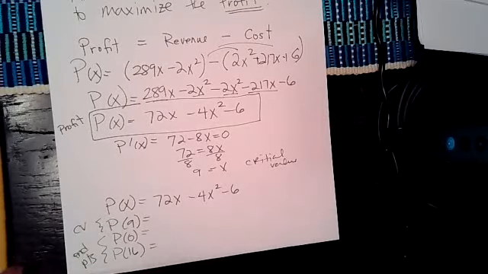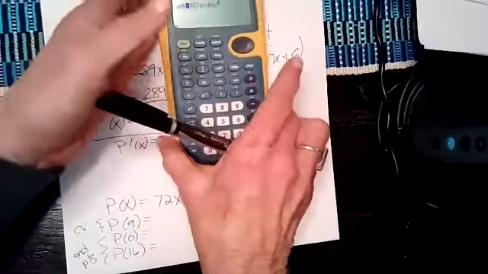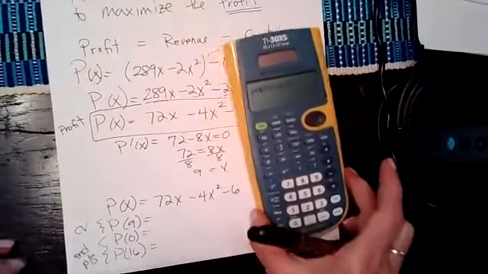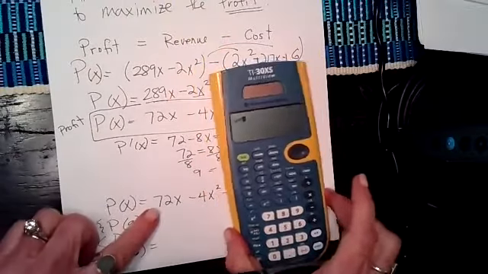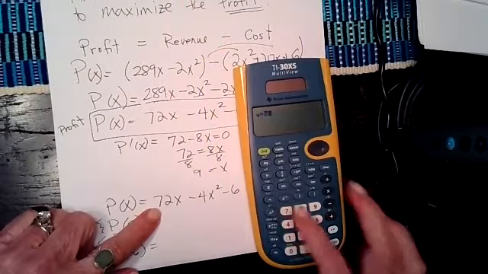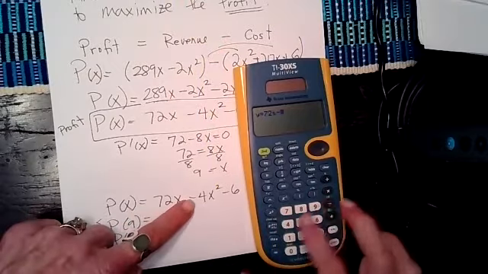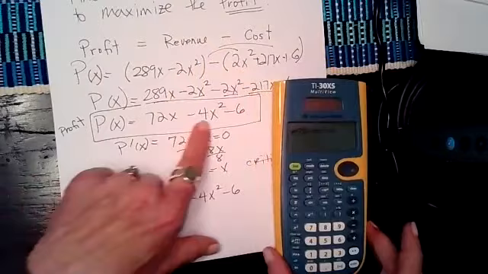All right, so again, I'm going to use my calculator and go to my table function and clear what's there. I'm going to put in my profit function: 72x minus 4x squared minus 6. That's right.